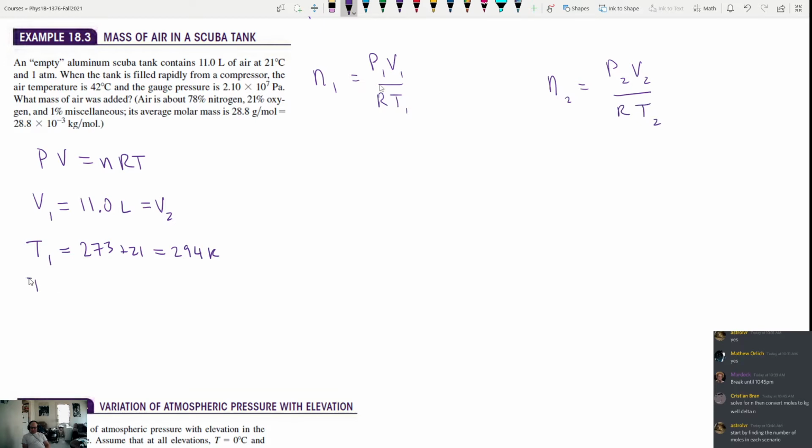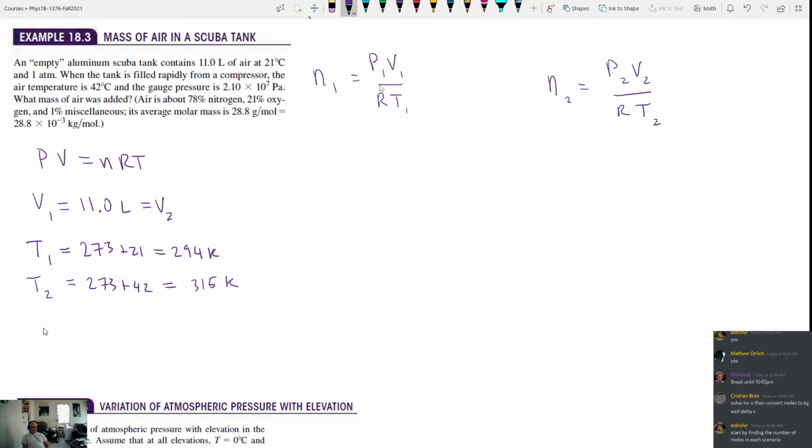What's T2? It tells us that the air temperature is then 42 degrees Celsius, so this is going to be 273 plus 42, so that's going to be 315.